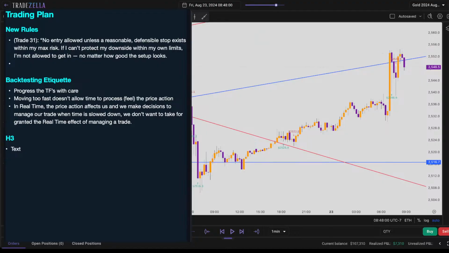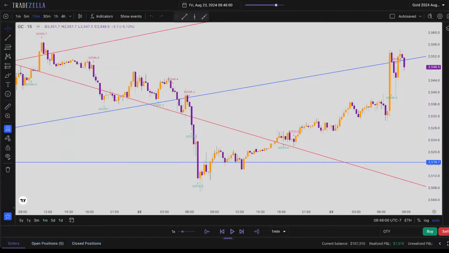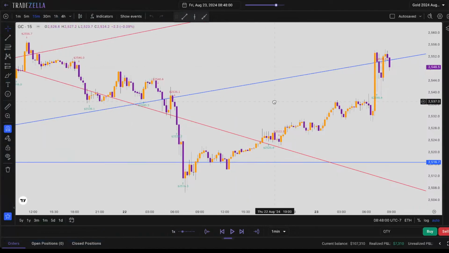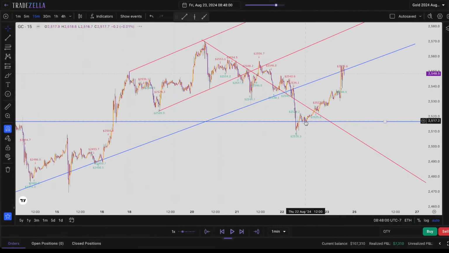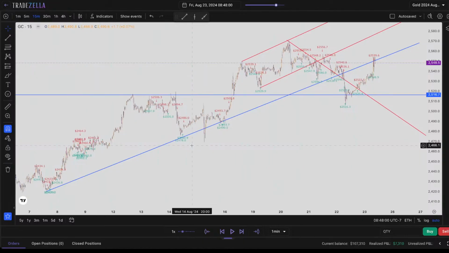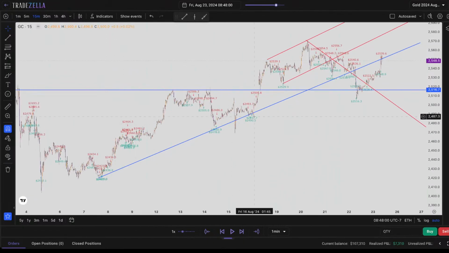Let's see what we can find here, folks. We don't want to forget to pay attention to these trend lines. This is that August, all of August trend line.